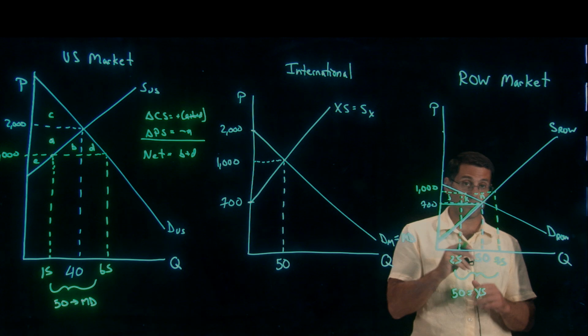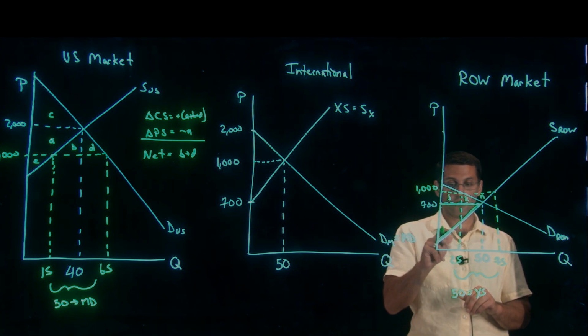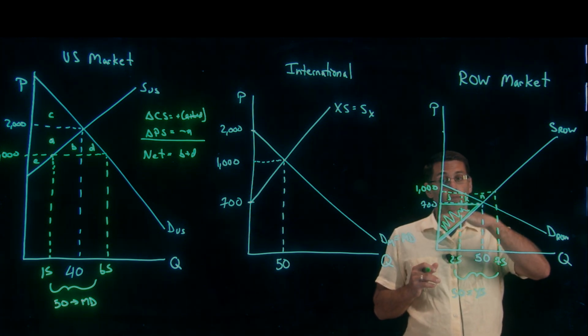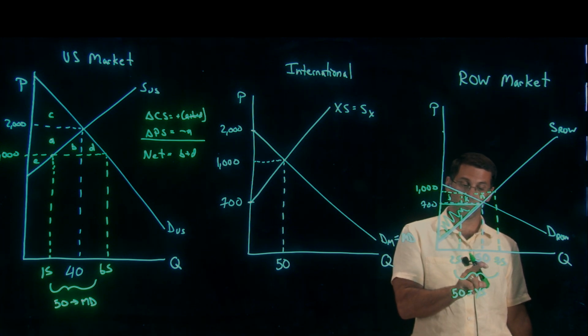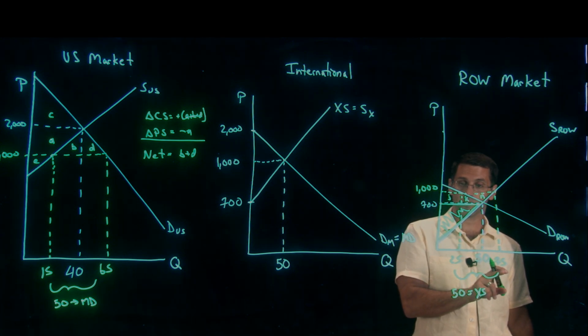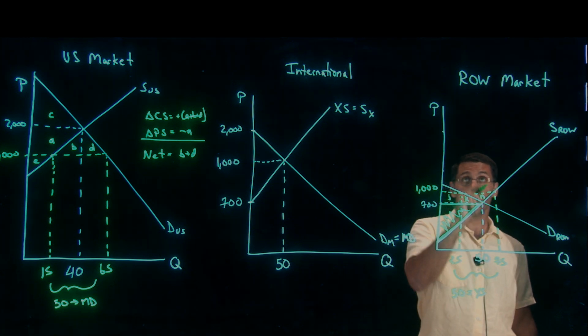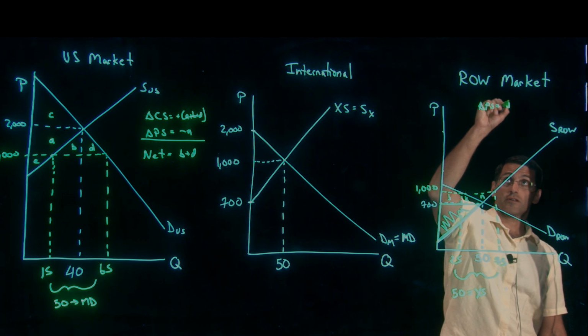This is for rest of the world producers. This triangle here is their initial producer surplus. From their perspective, they're seeing the price go up from 700 to 1,000, and their sales increase from 50 to 75. So their surplus increases by J, K, and N.